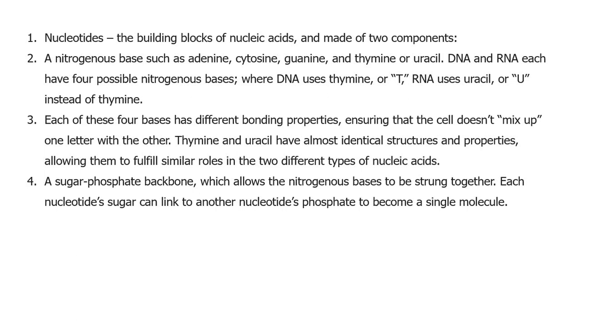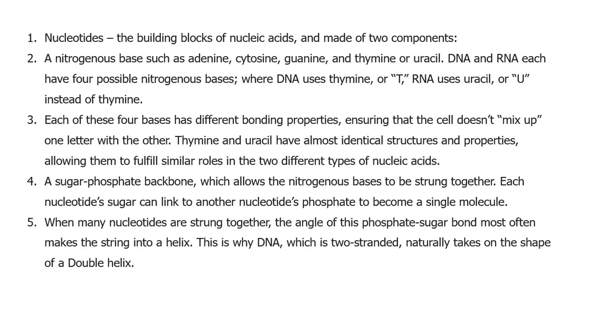Then a sugar phosphate backbone allows the nitrogenous bases to be strung together, and each nucleotide sugar can link to another nucleotide phosphate to become a single molecule. I have explained in the previous slide that a phosphodiester linkage is present between the two nucleotides. So that is explained here.